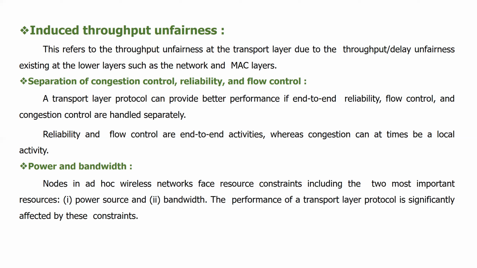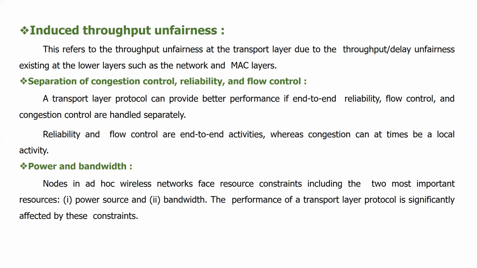Third is the separation of congestion control, reliability, and flow control. The transport layer protocol can provide end-to-end reliability, flow control, and congestion control separately. But reliability and flow control are end-to-end activities, that is, from one node to another node, whereas congestion is within the network, where we have to focus.